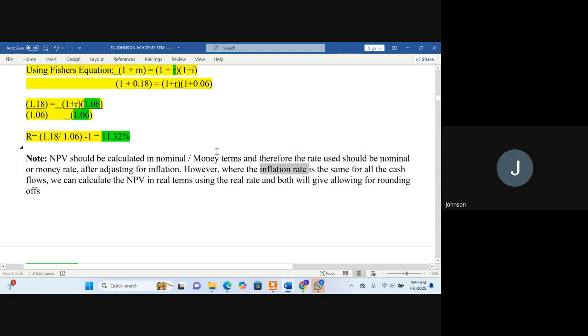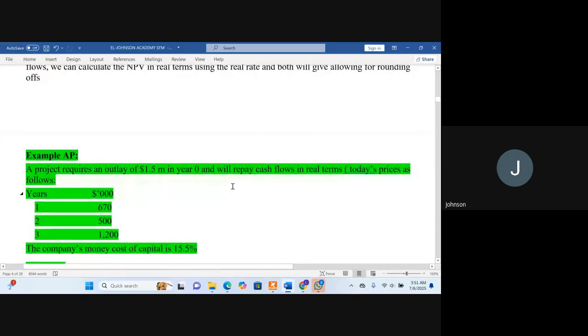Go to the cost of capital and check: is my cost of capital inflated? If your cost of capital is inflated, simply remove the effect of inflation from your cost of capital, so that at the end of the day, you have cash flows that have not been affected with inflation, and you have a cost of capital that has not been affected by inflation as well.